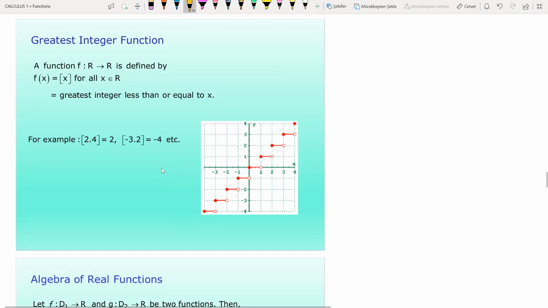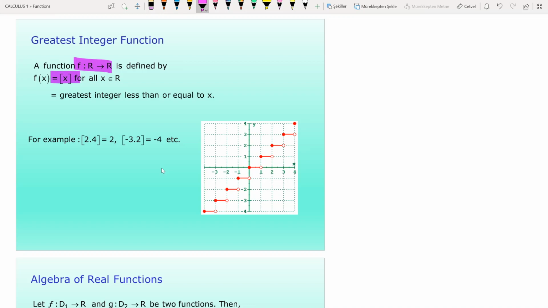And the other famous basic function type is the greatest integer function. A function from R to R is the integer function, and it is denoted by these brackets, and it is the greatest integer less than or equal to x.